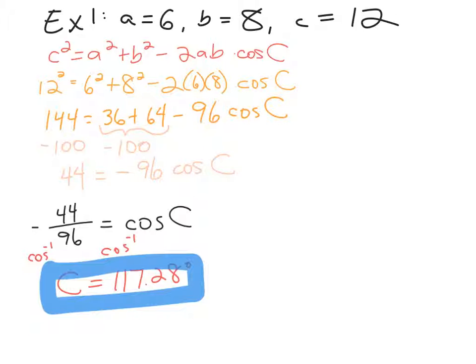And usually that's easier because the law of sines is simply a ratio. So 12 over the sine of that 117.28 is going to equal, and then now I can pick either angle.